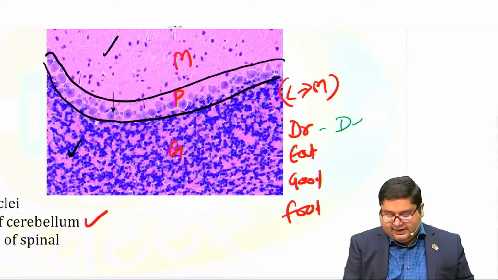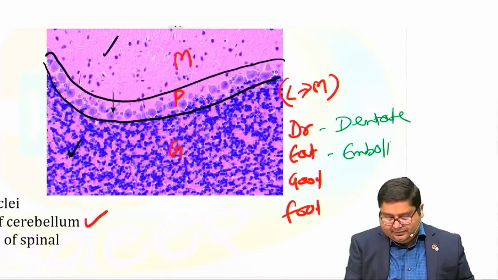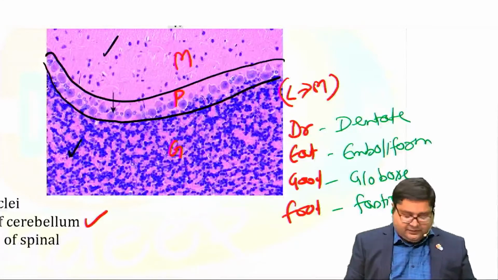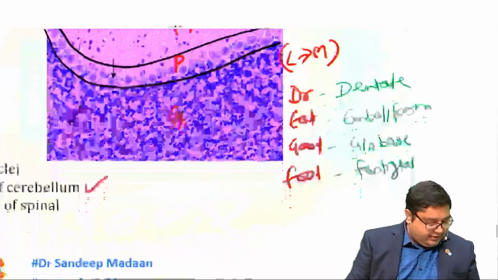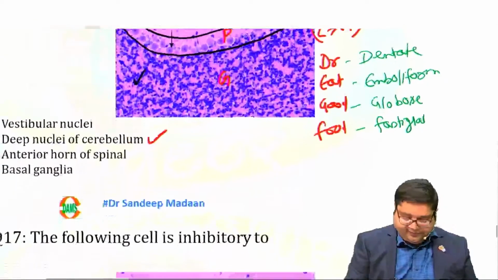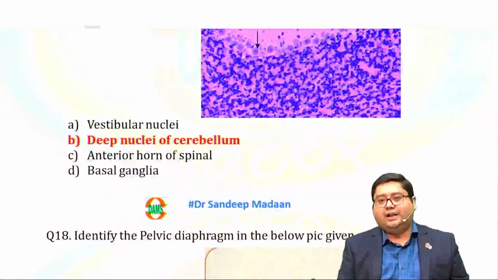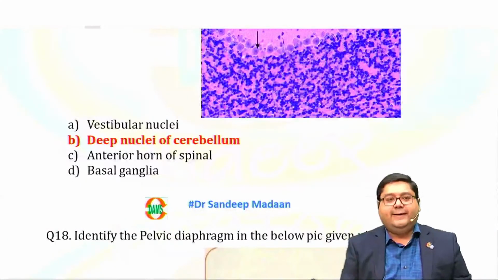That is dentate nucleus, emboliform, globose, and fastigial. Yes, very good, good beta, good, very good. Okay, so far so good. Is everything up to here clear, beta? Let us move ahead.